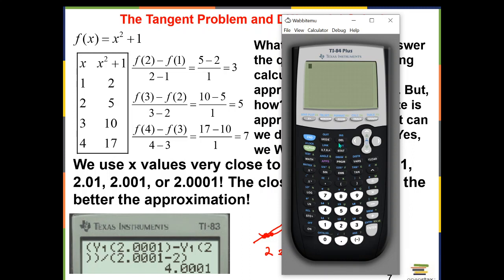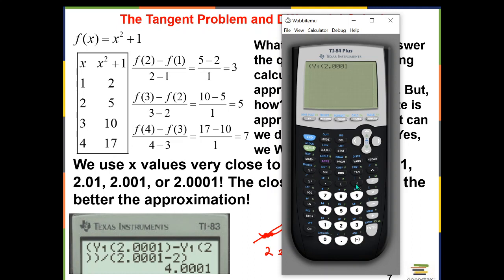Then I'm going to find the difference between f of 2.0001, which is the y value for this point. How do I do that? I can use parentheses and find y1. y1 is under Y variables, then Function. That's y1. I press enter and then put parentheses.